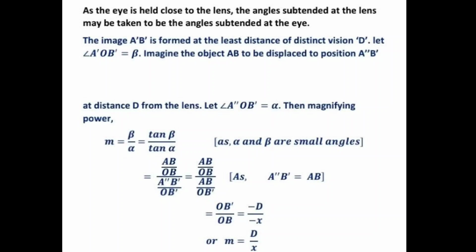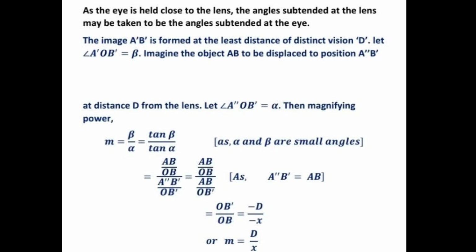Let the angle A'OB' be equal to beta from the previous diagram, and imagine the object AB to be displaced to the new position A''B'' at a distance D from the lens, and let us take the angle alpha of A''OB''.